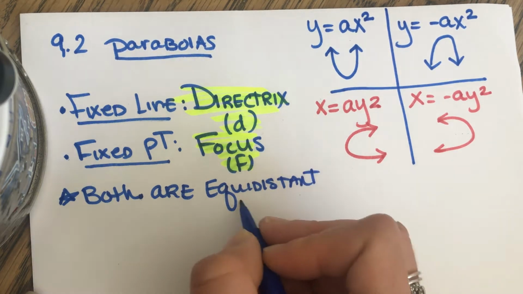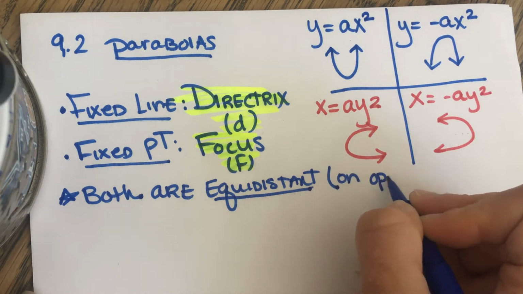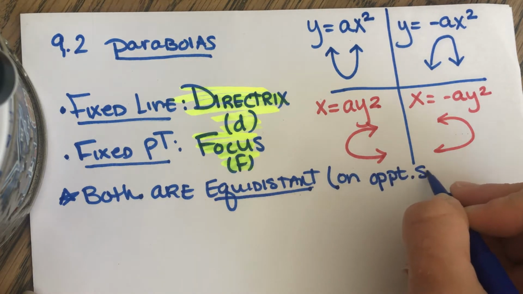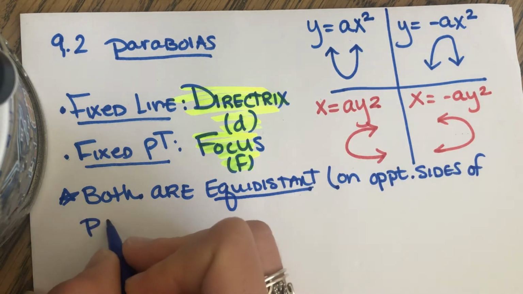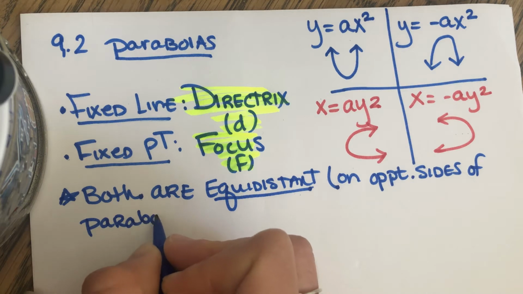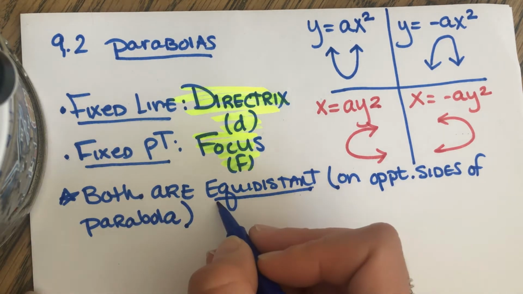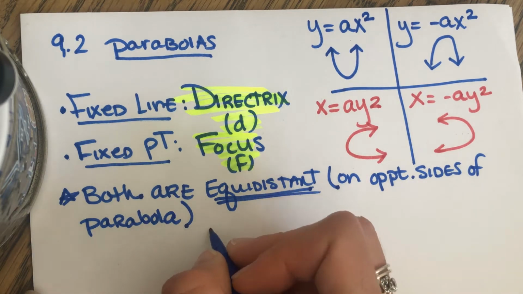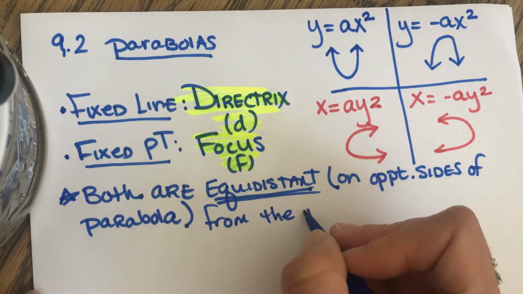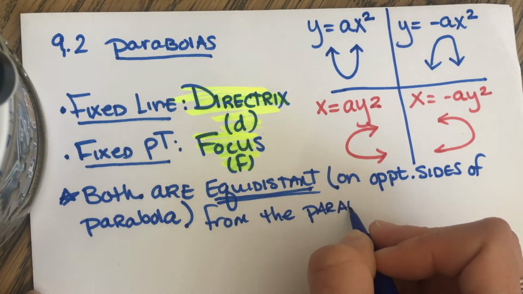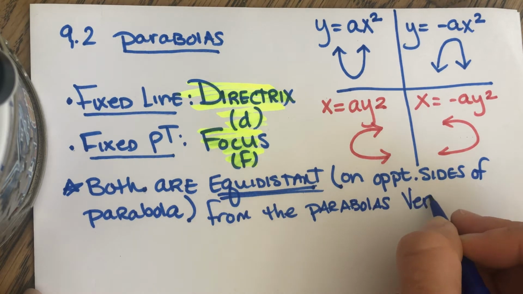Both are equidistant, but, you'll see what this means, opposite sides of the parabola. Again, it'll make sense in a moment. So both are equidistant, opposite sides of the parabola, from the parabola's vertex.